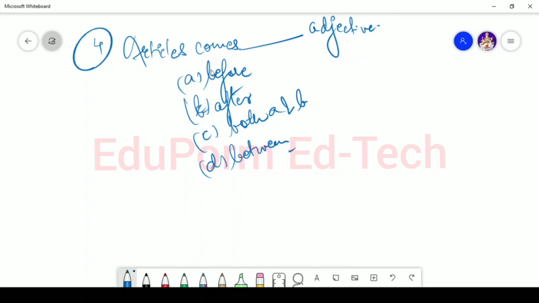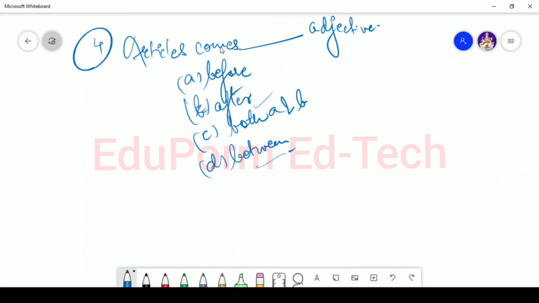I talked about one rule where articles come before adjective, but again we talked about exceptional cases where the article will come after adjective. So the options are A, before, B, after, C, both A and B, and D, between.